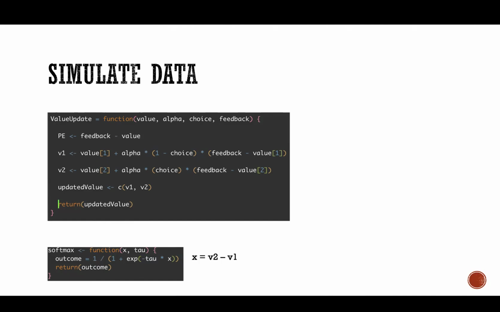And then we can run the very traditional softmax function, which takes the relative value and the temperature, or inverse temperature, and it calculates the outcome as 1 divided by 1 plus the exponentiated version of minus tau times x.